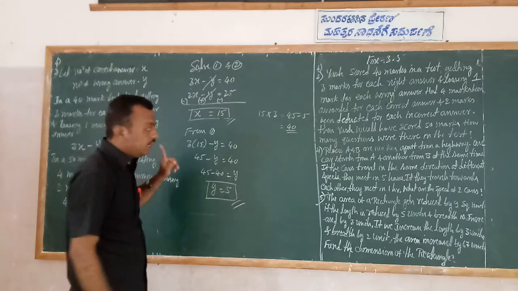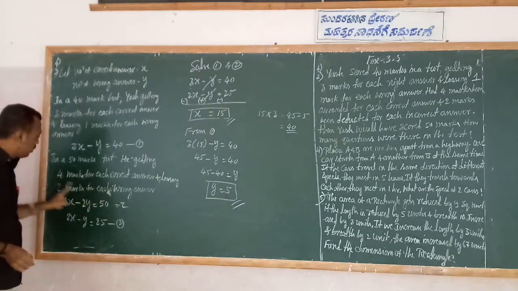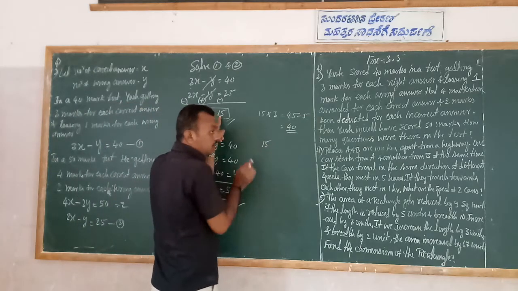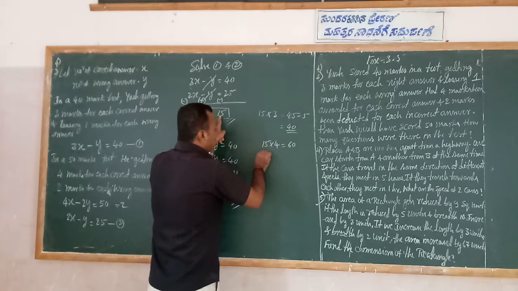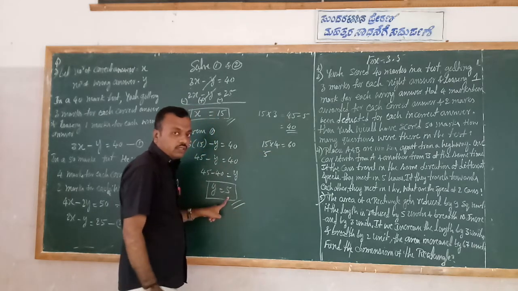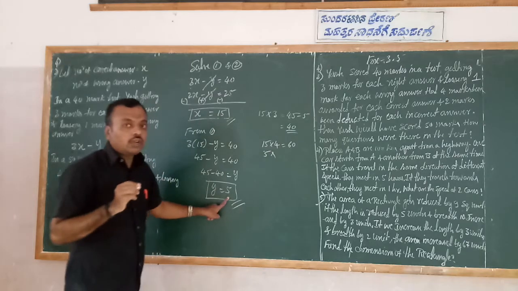Like that in the second case. How many marks are awarded for each correct answer? 4 marks. He attended 15 correct answers. So each correct answer gives 4 marks, therefore 60 marks. How many questions are incorrect? 5 questions. For each one losing, how many marks?